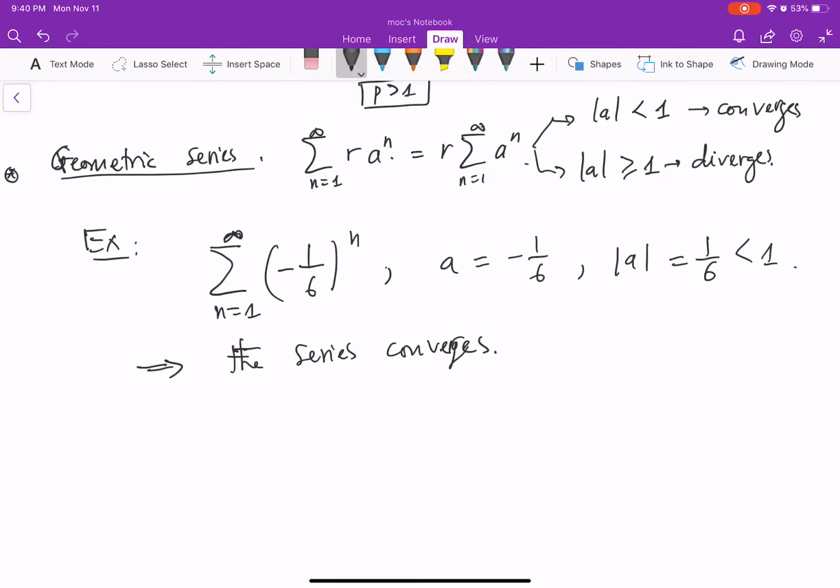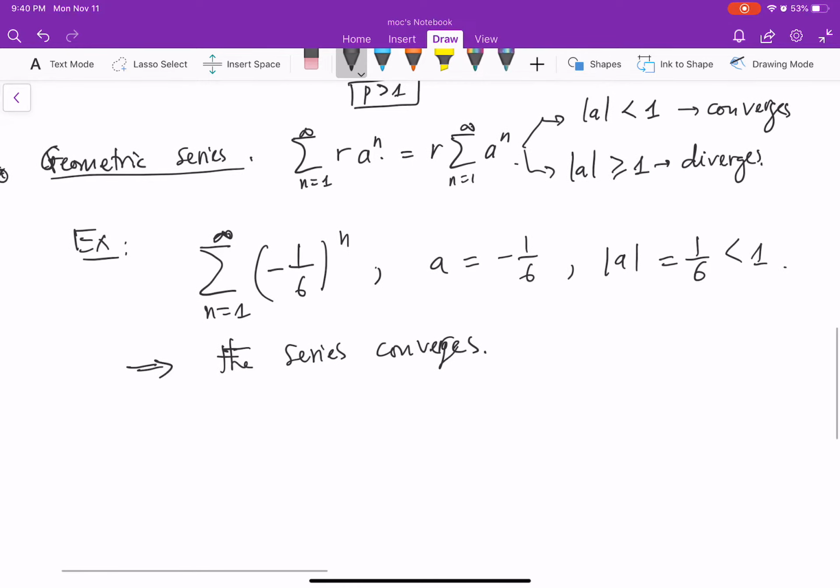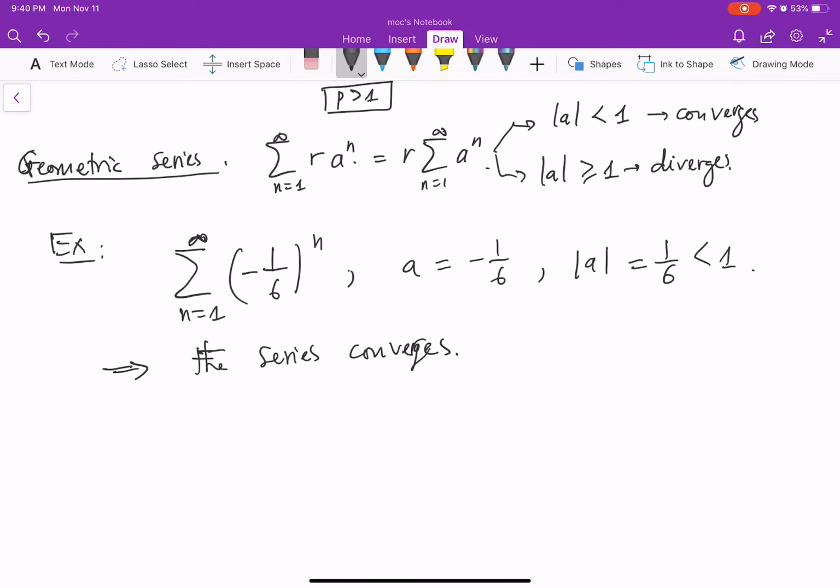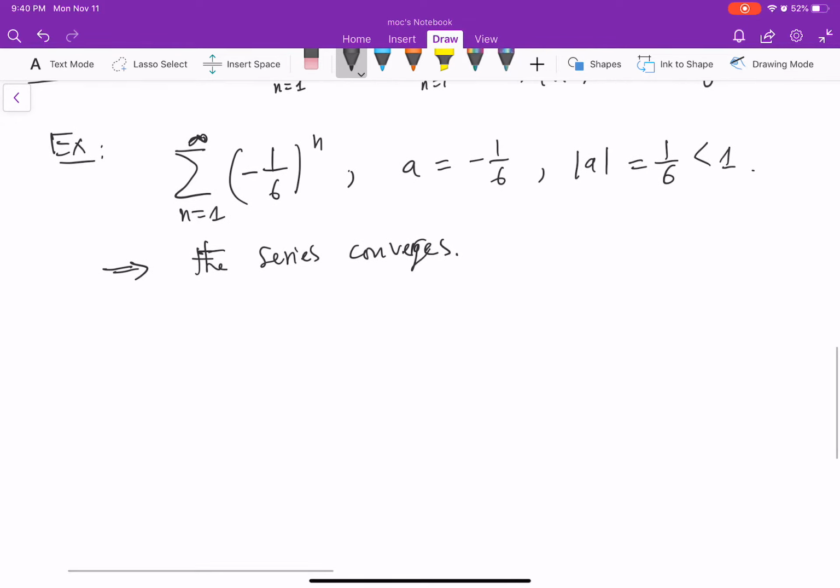All right, now our problem is to find the sum of this series. We know the exact formula for a geometric series, so I will not do the computation, I just write the formula right away.